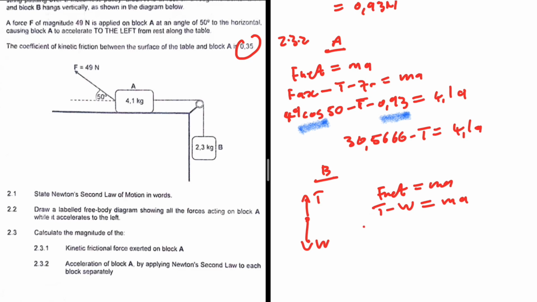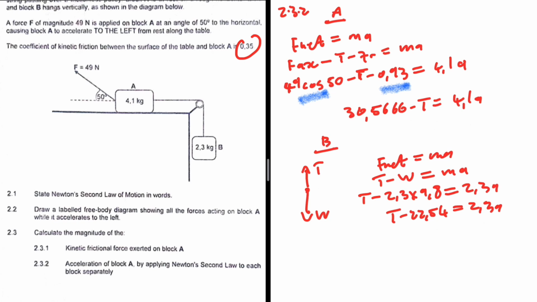The tension is unknown. The weight is 2.3 multiplied by 9.8. This equals 2.3a. So what is 2.3 multiplied by 9.8? That is 22.54. So T minus 22.54 equals 2.3a.